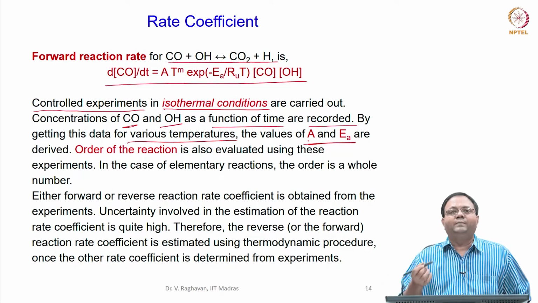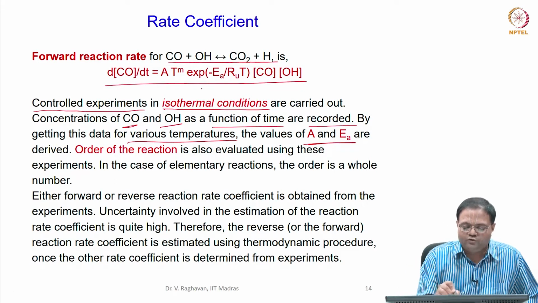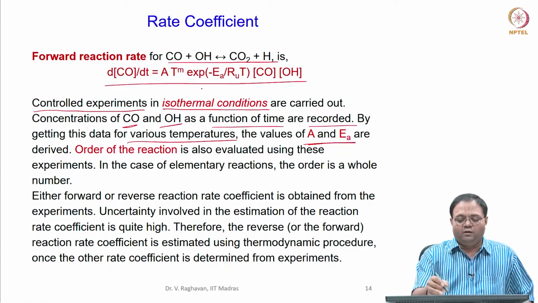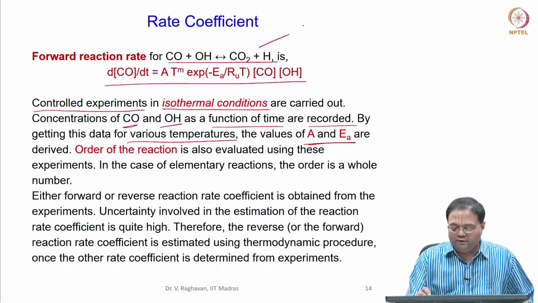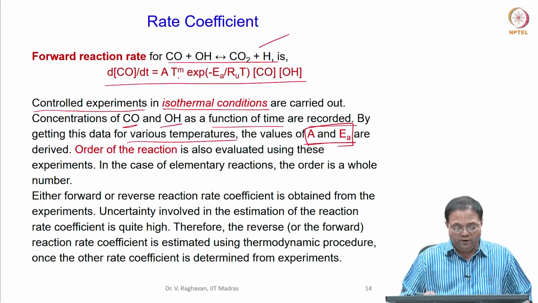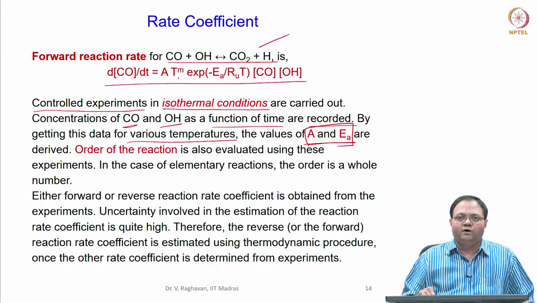The rate coefficient can be determined for a global reaction also. But for molecular reactions, several reactions have to be done, and chemists do this carefully to extract the values of A and EA, and they also give the T power m, the m also they will give. So, by conducting several isothermal experiments and fitting the curves.